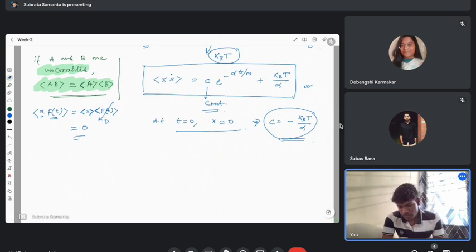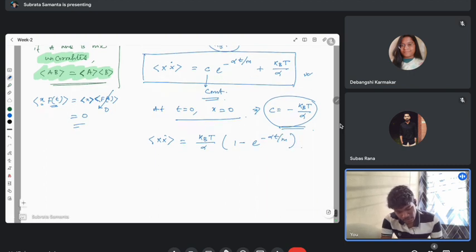Okay, so now we can put this into the above expression. So x dot average is, let's put in this constant in the above expression: kVt by alpha times 1 minus e to the power minus alpha t by m.